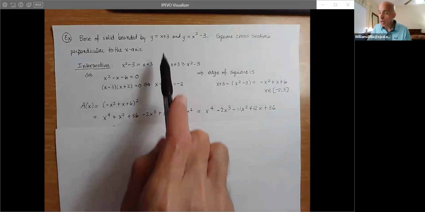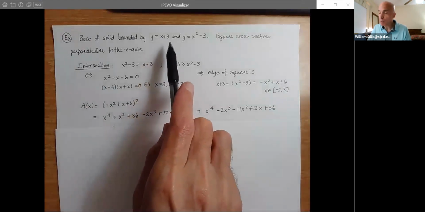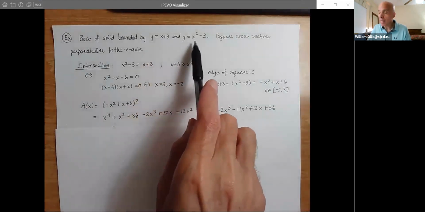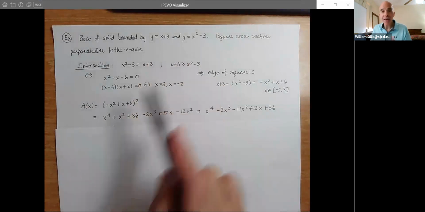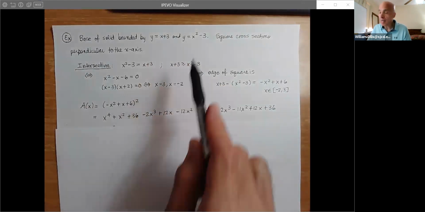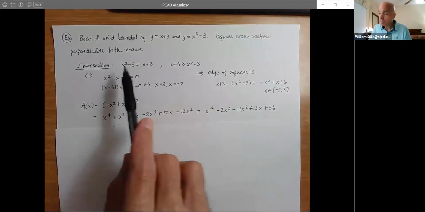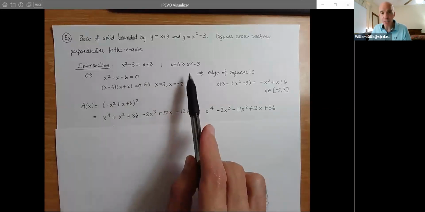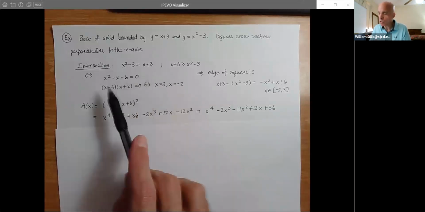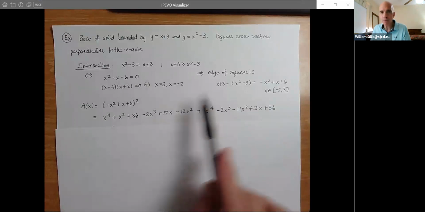So when you have a curve y equal x plus 3 and a curve y equal x squared minus 3, that's just a linear equation and a quadratic. So what you do is you treat this like an area problem, and then you say, okay, where's the intersection? So we set the ordinates equal. So this is all review that we've done before.